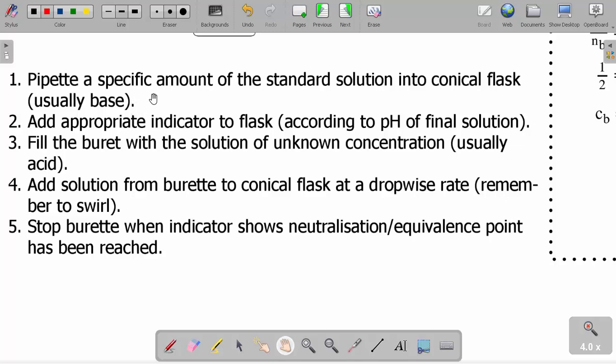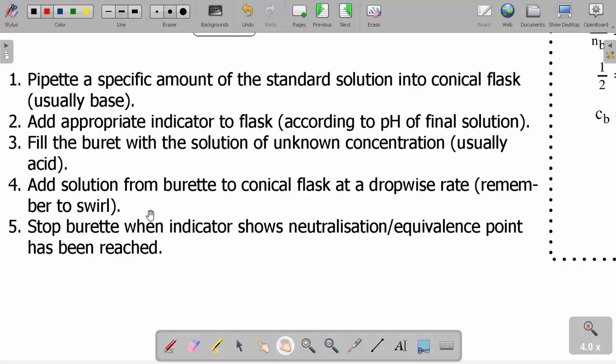Note that the procedure was like this. You pipette a specific amount of the standard solution into a conical flask. What did we say is a standard solution? The one with a known concentration, right? And then you add an appropriate indicator to the flask according to the pH of the final solution. And then what do you do next? You fill the burette with a solution of the unknown concentration, usually the acid, and then you add the solution from the burette to the conical flask at a dropwise rate.